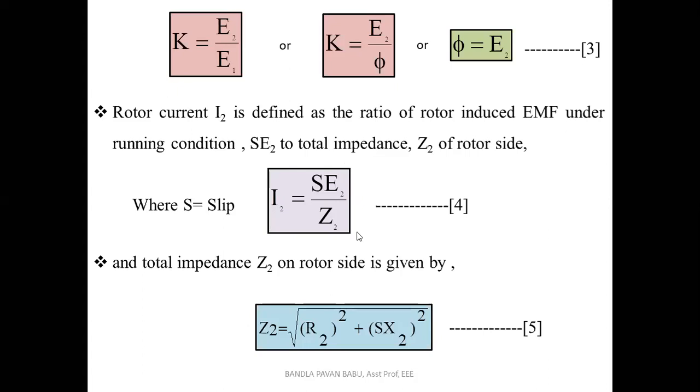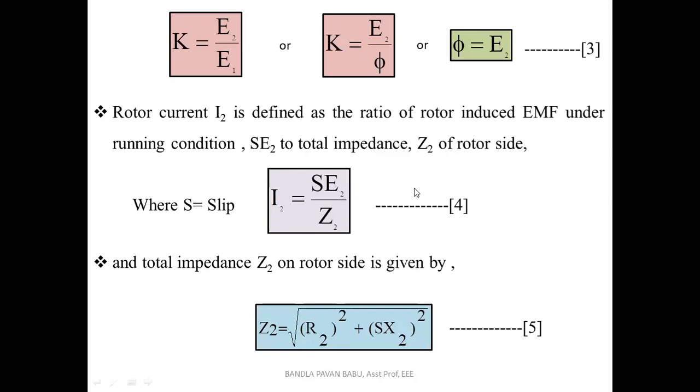Here there exists the rotor resistance and the rotor reactance, and the relation between them in terms of slip we have seen in the last class. Substituting all those values, where S is slip, I2, the rotor current, is equal to E2 by Z2.